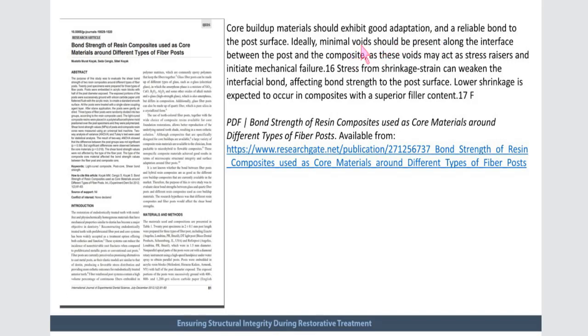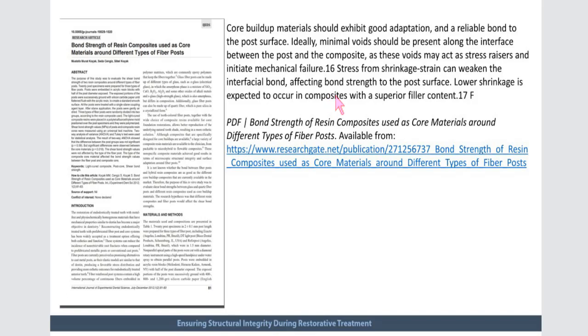Ideally, we should have no voids inside the material, because the voids will act like a weak point. It can cause a fracture. And a really, really important thing is the shrinkage, the stress when the material cures. A material with lower shrinkage will always have a superior and better prognosis over time.